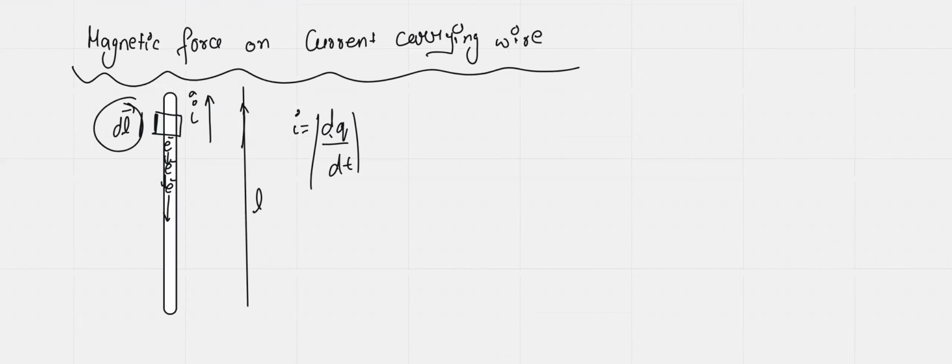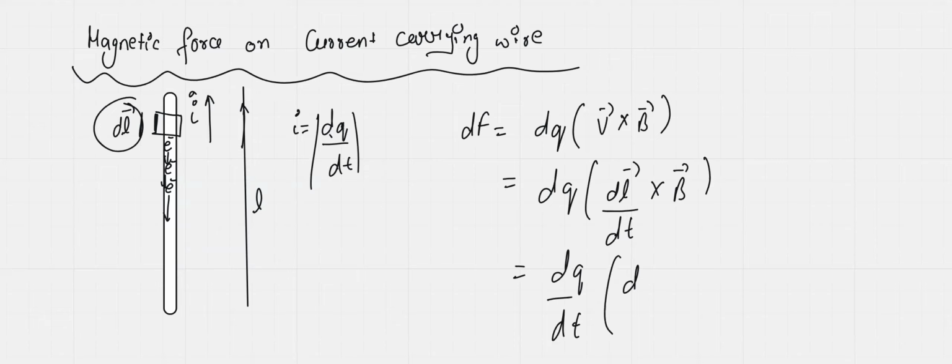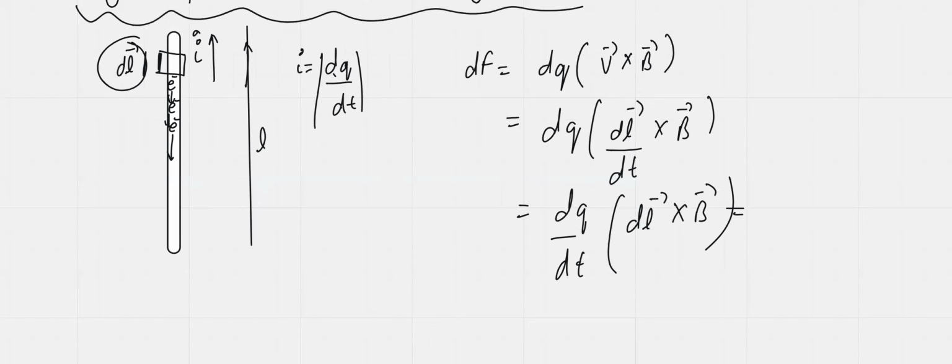Force dF is nothing but dq times the velocity, v cross B. What is v? dl by dt. Keep this dt outside: dq by dt times dl cross B. So what is dq by dt? You can keep it as I. What you are left with is dl cross B.